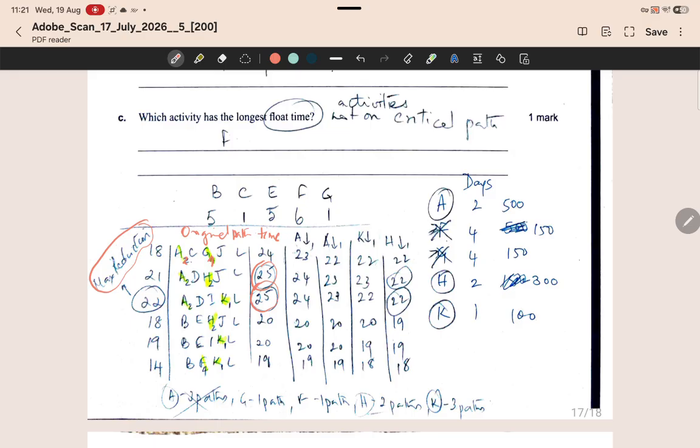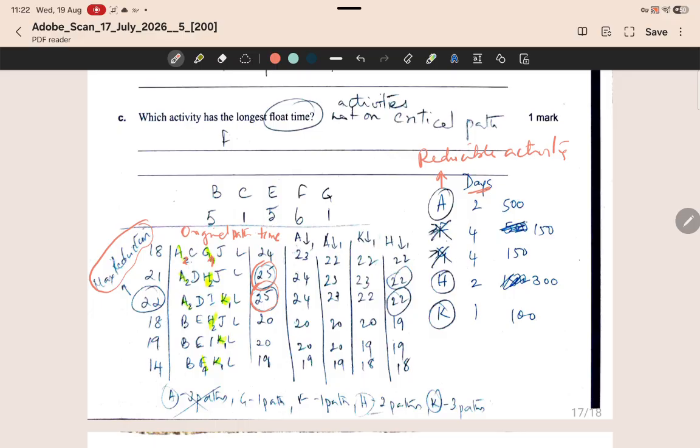If you look at all the alphabets I've highlighted, they are the alphabets that have been given to you as reducible activities. And against the reducible activities, A I've written 2, and those are the maximum number of days they can be reduced by.